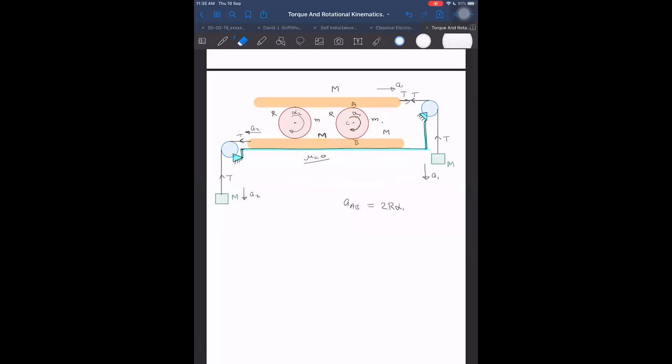So now we have the acceleration of A with respect to B equal to 2R alpha 1. And let us call the corresponding points here C and D. Similarly, C with respect to D will be equal to 2R alpha 2. But this is also equal to AA minus AB.